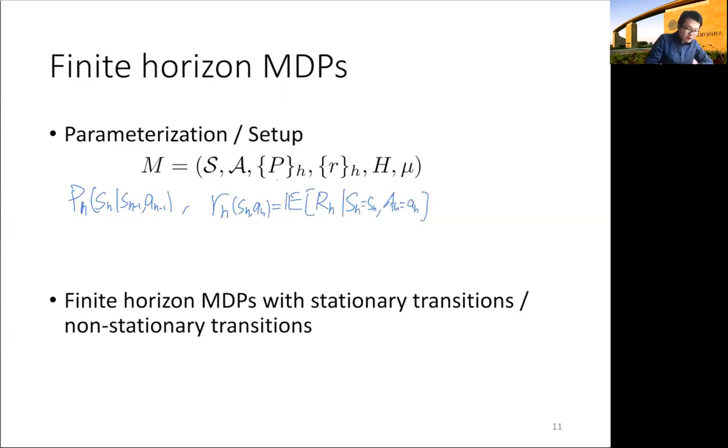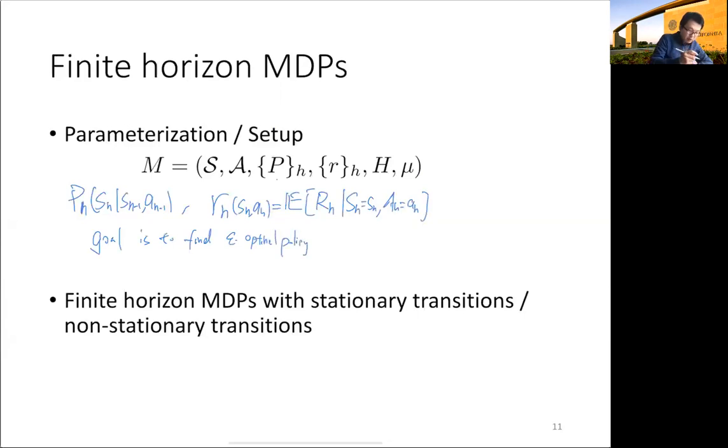Okay, so it's more or less the same thing, except that now it's a finite horizon, and the goal of the planning problem in the finite horizon MDP is again to find an epsilon optimal policy, right?